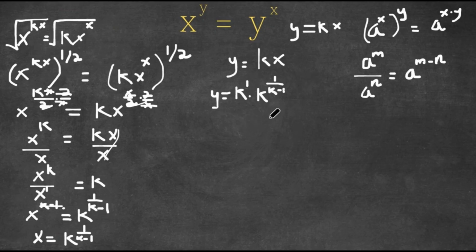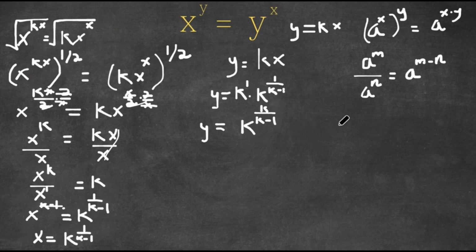And this is actually equal to k to the power of k over k minus 1. I just saved a little time because it's really simple to do, just 1 plus 1 over k minus 1. So now we know that y equals k to the power of k over k minus 1.